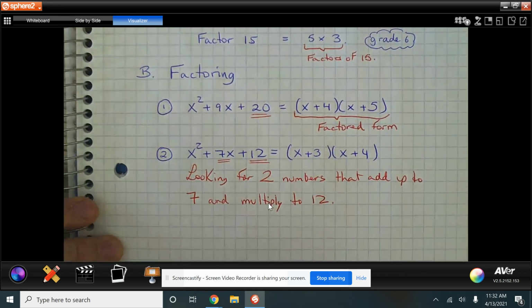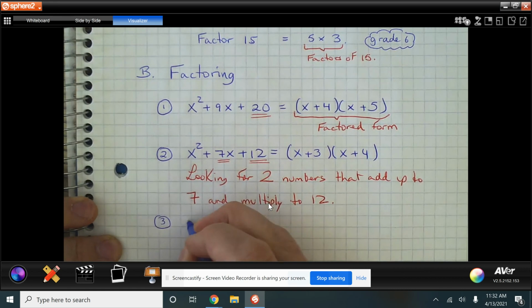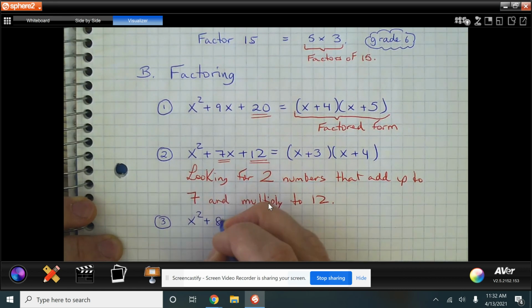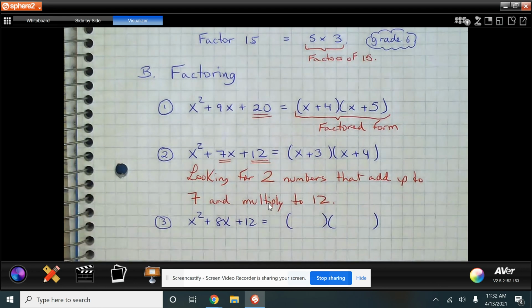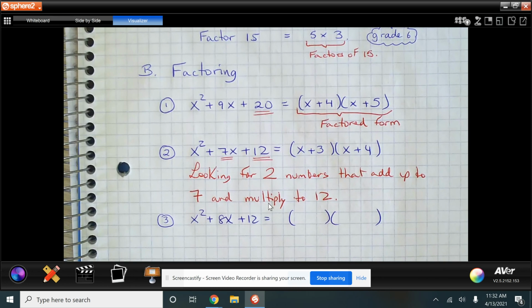So what I'm going to do now is I'm going to change this one number. I'm going to make this x squared plus 8x plus 12. So what would it factor to now? If instead of being 7x, it was 8x. Now what would it factor to?